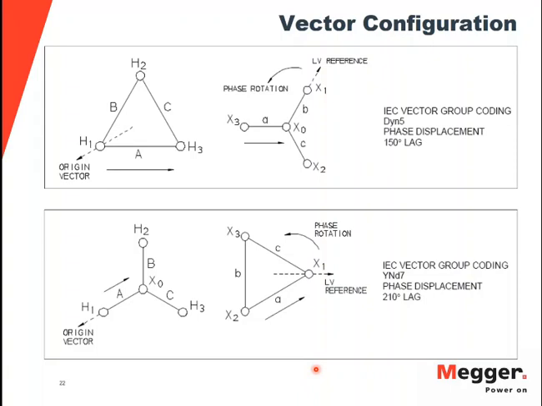But during testing, if you're using a dedicated winding resistance test set, and an open circuit does occur, it will take that energy and discharge it through the test set and to the ground, protecting both the test set and the test technician as well. So we're monitoring that, and if something does happen, it'll discharge it.